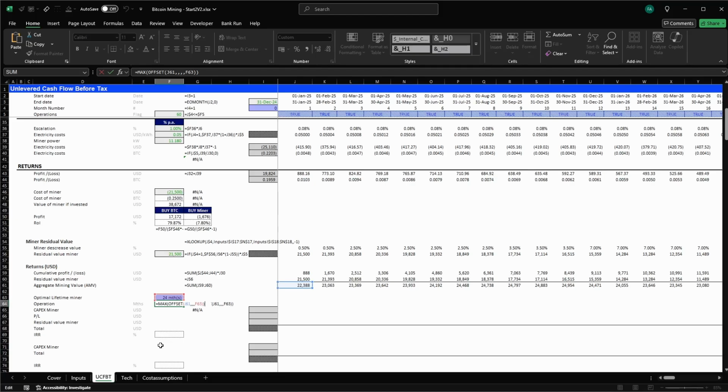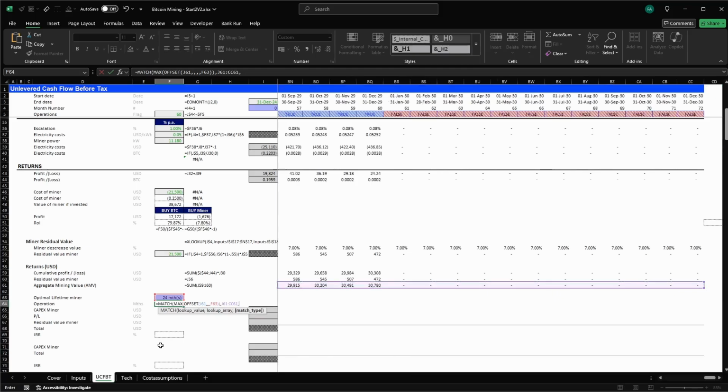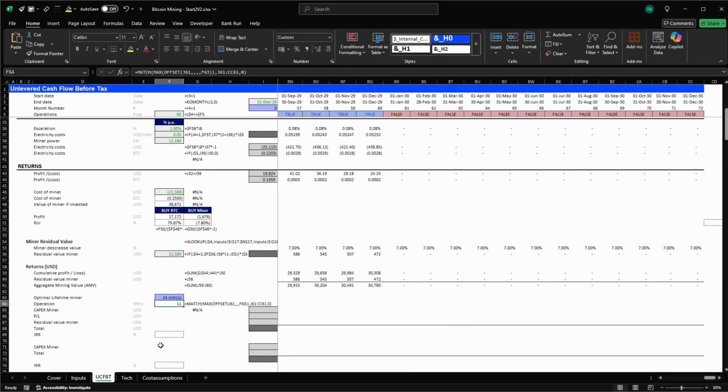So basically the maximum value is 24/7. So what I have to do is match. I want to match this lookup value, lookup array, right? So I have to set the lookup array now. Let me see here. Okay, this is my lookup array. Should be 0. Let me see if that's going to work now. I can explain to you. Okay, that's correct now.